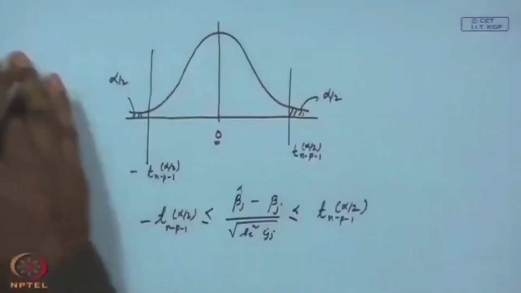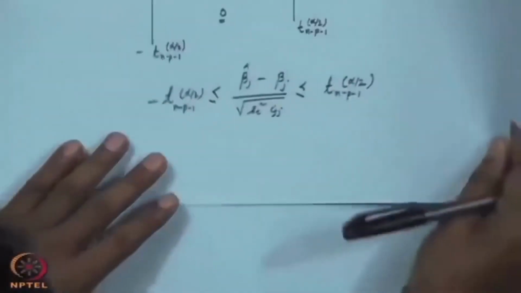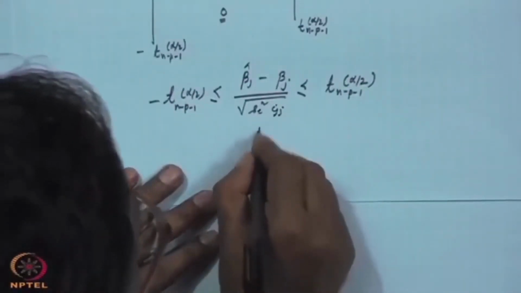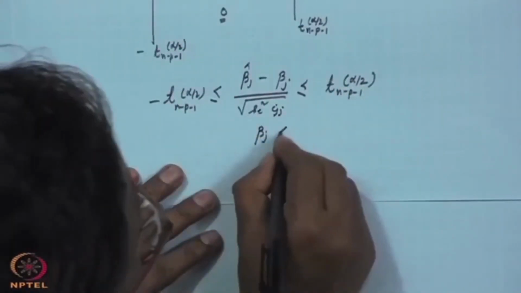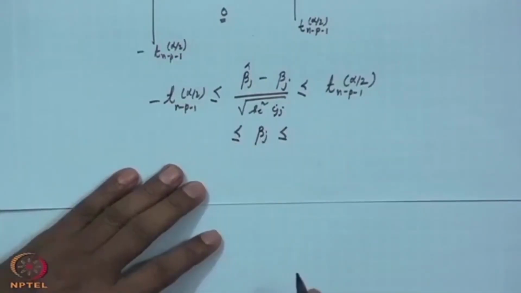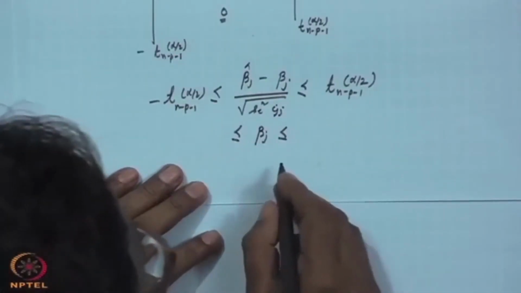Okay. So now manipulate a little more. What you require is beta j in the middle, with less than or equal to on both sides.